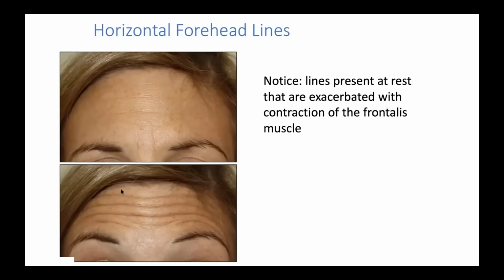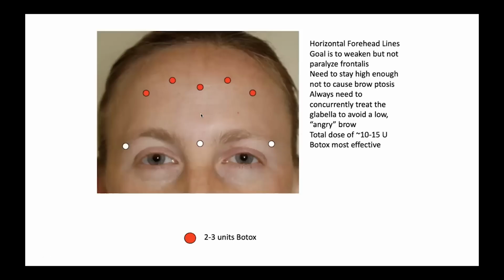To get rid of these lines, we can treat the forehead as well, using a little bit. I don't treat the forehead a ton because I often find that if we treat the frontalis, remember the frontalis is what's lifting our brows, sometimes our brows can actually descend and we can get droop of our eyebrows and our eyelids a little bit.